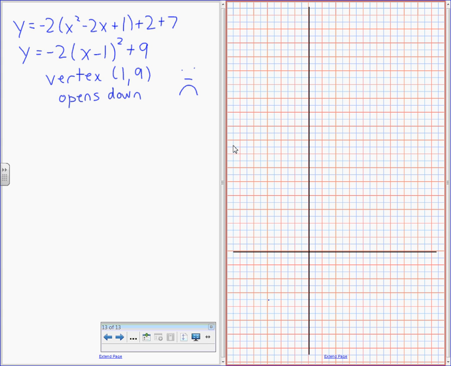And you will be losing marks if you don't put any of these things on here. Really, is there something else I should put on this graph before I plot my first point?